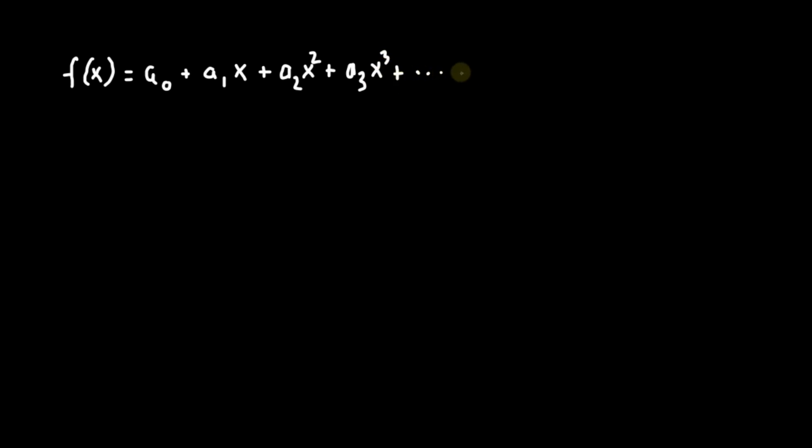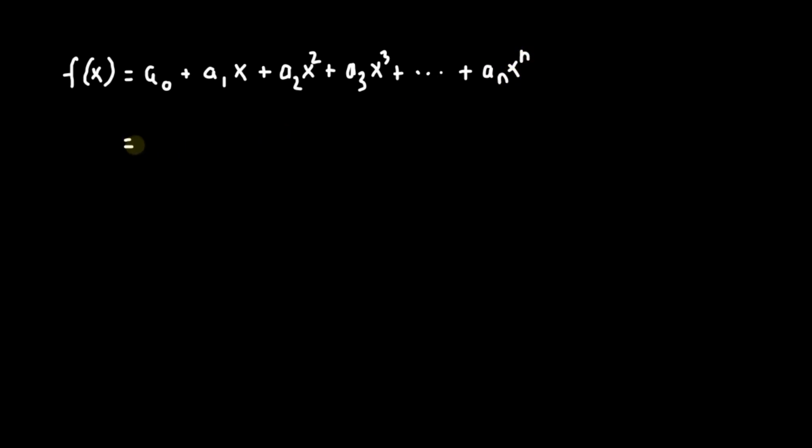We had f of x equals a0 plus a1 times x plus a2 times x squared plus a3 times x cubed, all the way up to the nth term, which was an x raised to the power of n.